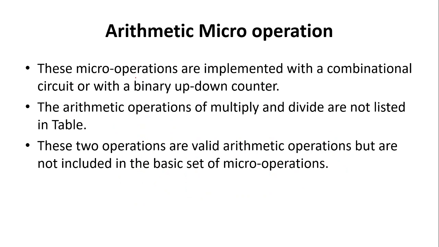These micro operations are implemented either with combinational circuit or with the help of binary up down counter. The arithmetic operations of multiply and divide are not shown in the table. These two micro operations are valid micro operations but are not included in the basic set of micro operations.